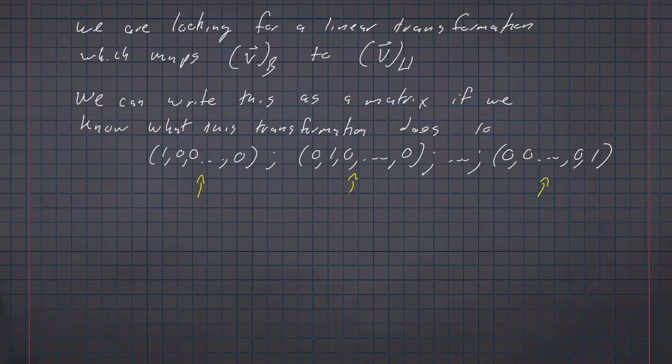What vectors in our vector space under basis B have the representations that look like the standard Euclidean basis vectors?